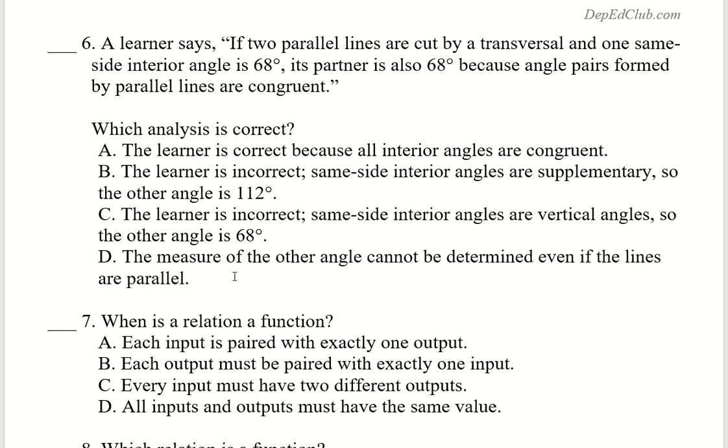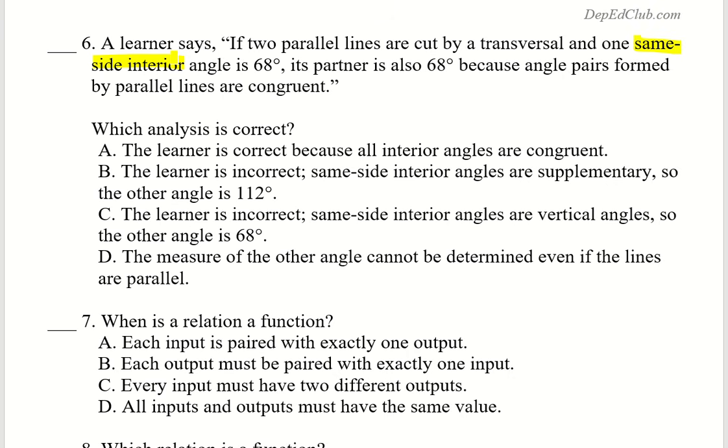Number 6, a learner says if two parallel lines are cut by a transversal and one same side interior angle is 68 degrees, its partner is also 68 degrees because angle pairs formed by parallel lines are congruent. Which analysis is correct? Okay, so it says there, same side. Yung same side po natin, they are not congruent. That is supplementary.